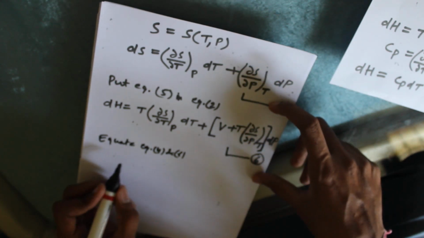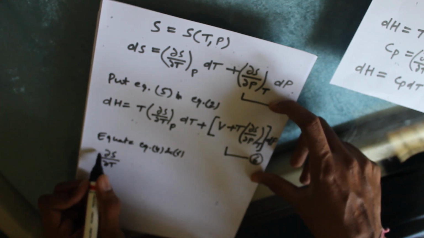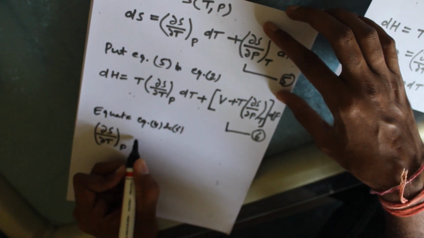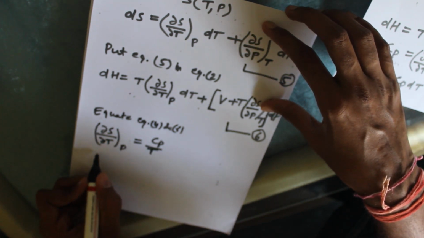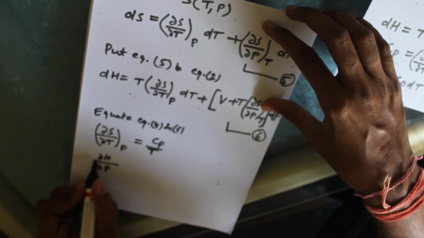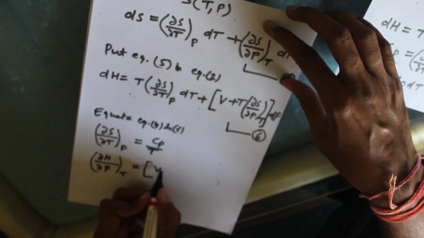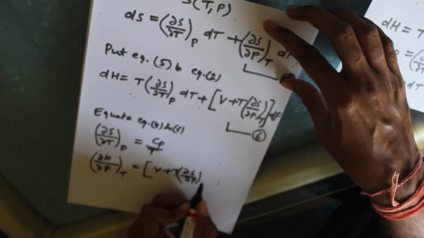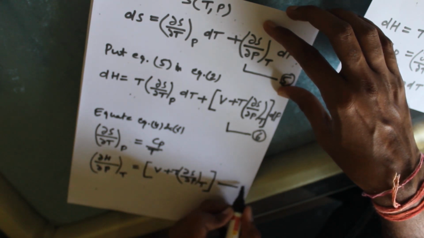So if you equate these two equations, then del S by del T at constant pressure will be equal to Cp by T, and equate second term, del H by del P at constant temperature will be equal to V plus T del S by del P at constant temperature.